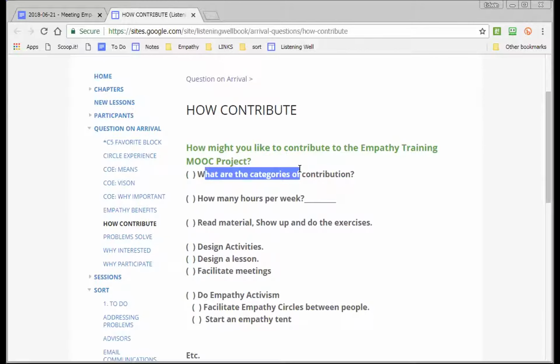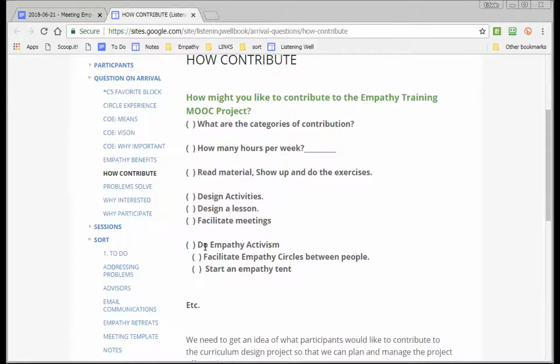What are categories of contribution? How many hours per week? Read: so I like to read material, show up and do the exercises. That's what I was hearing, for example, from Peter, design activities. Varsha, you're saying that maybe next month you'd want to design some activities. Do empathy activism, which is to facilitate empathy circles between people.